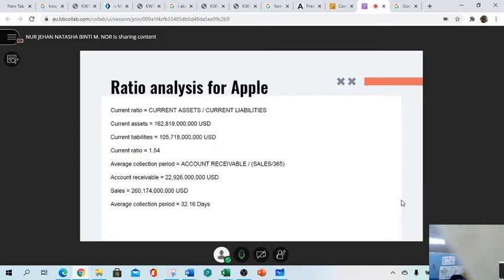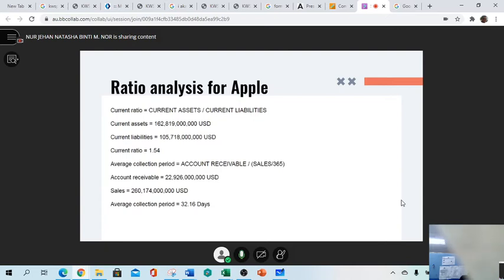Okay, so now it's for Apple. The current assets for Apple are 162,819 million USD. For current liabilities, 105,780 million USD. So the current ratio is 1.54. The average collection period is equal to accounts receivable divided by sales, divided by 365 days.